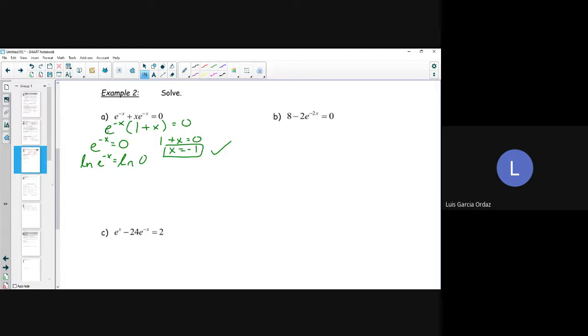No. The reason why e^x or e^(-x) will never equal 0 is because even if my exponent is 0, it will always give me a value of 1 or a value very close to 0, but it will never give me 0. Which means that this is implying that I need to cross that asymptote for e^x, which we saw in the graph is not going to happen. So this would be undefined, which means my only solution that would work would be x is equal to negative 1.